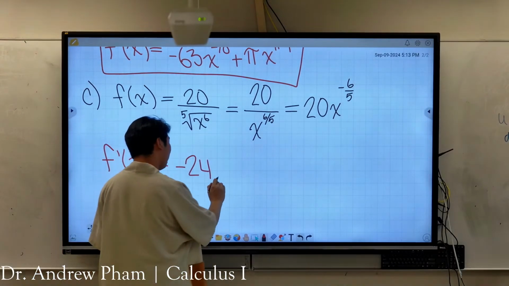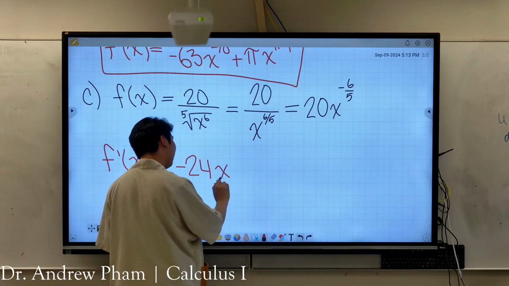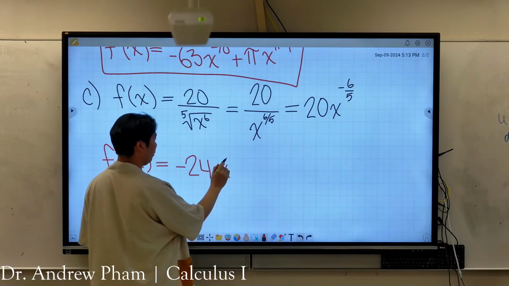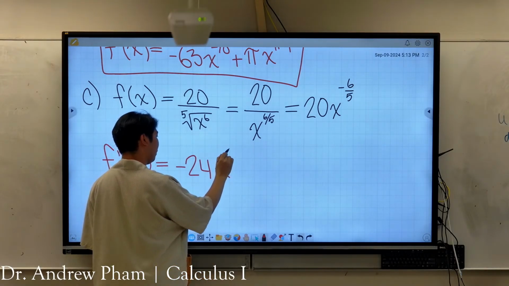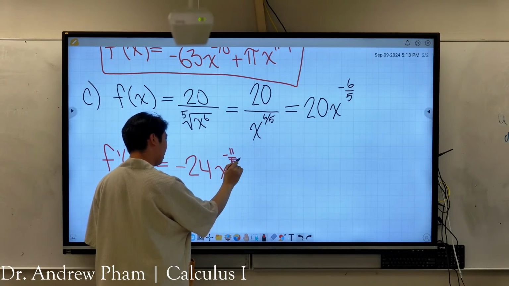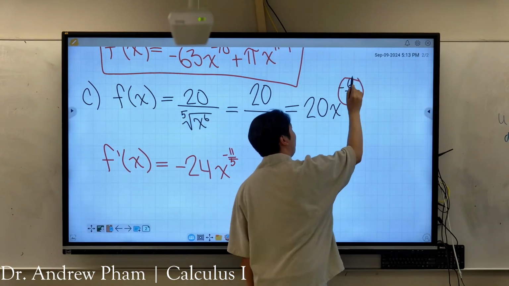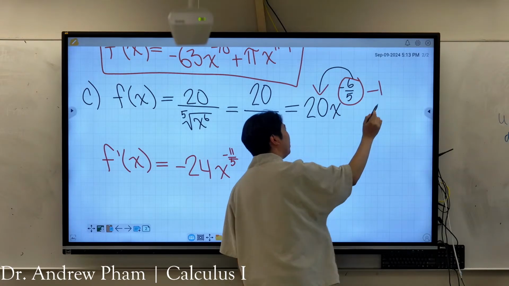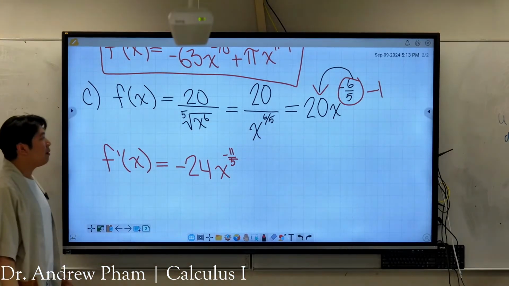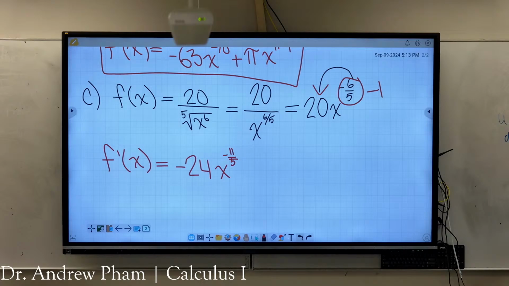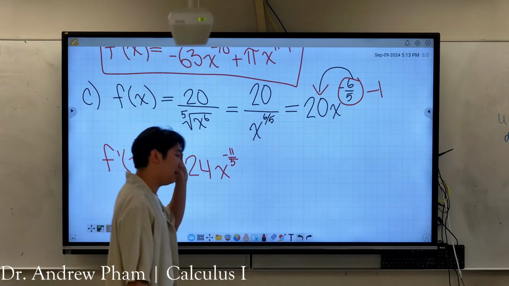And then what should I write next? x to what power? Yes. So all we did was bring down the power and then subtract 1. Negative 6 over 5 minus 1. That's the same thing as negative 6 over 5 minus 5 over 5. So negative 6 minus 5, we get negative 11 over 5.